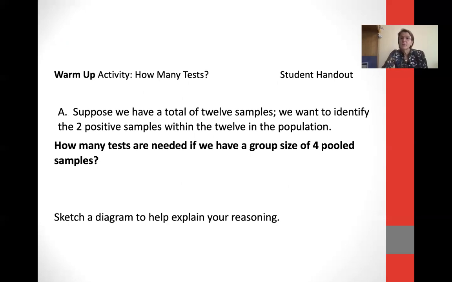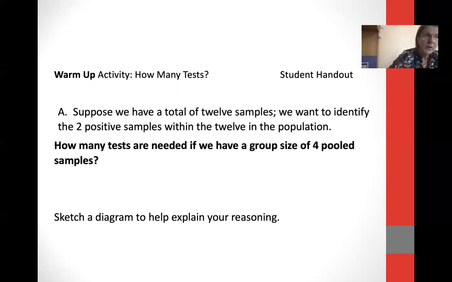I created some materials for students, some warm up activities and some problems that you can use in your classes to help students get their minds wrapped around this big problem. Let's suppose we have 12 samples and somehow we know that there are 2 positive samples in there, and we're trying to find those 2 positive samples. We're going to start with a group size of 4.